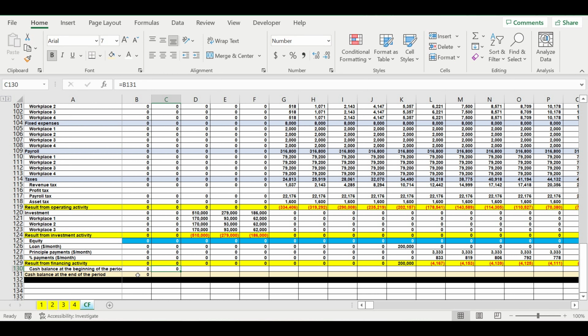Then we are extrapolating this formula to the right. Here you can see what we have. This value comes from here, and then I will extrapolate both these cells to the right to create a cumulative cash balance at the end of the period.